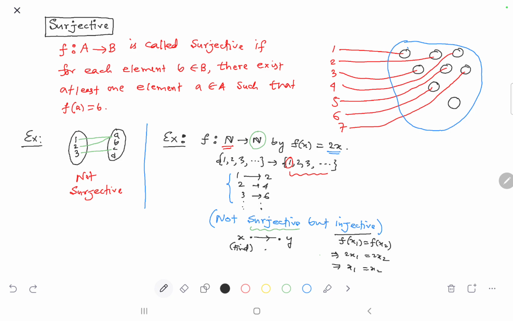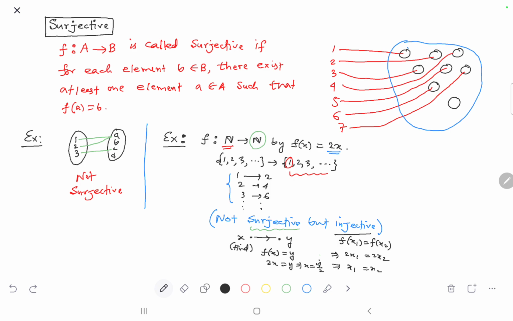So we start with the equation f(x) equal to y. This means 2x equals y, so x equals y divided by 2.